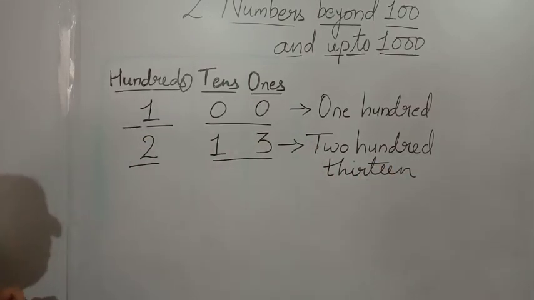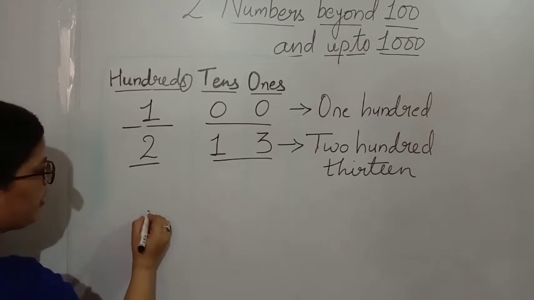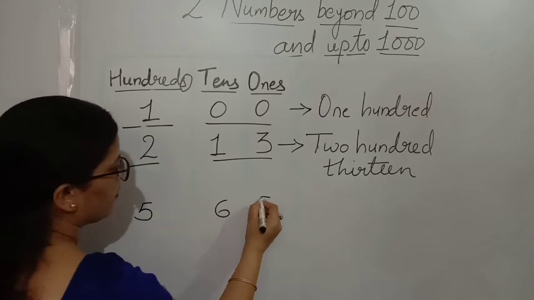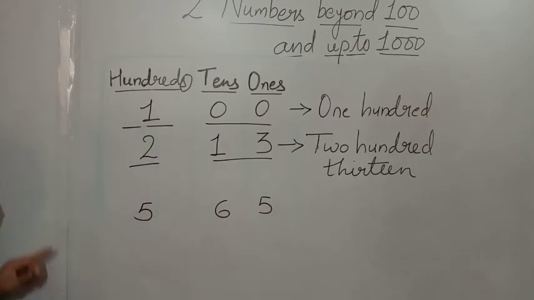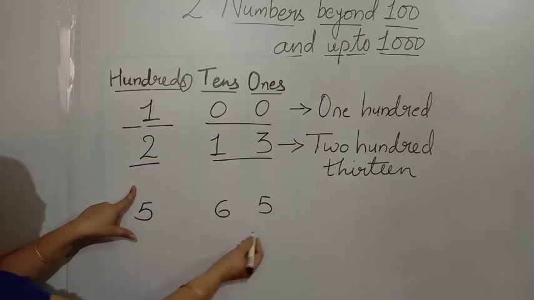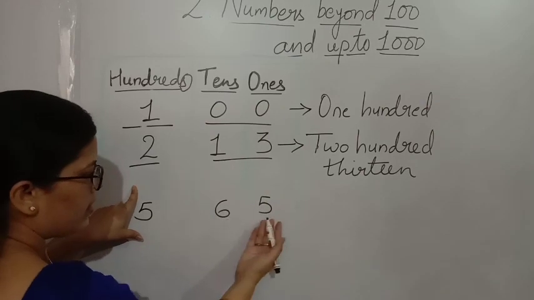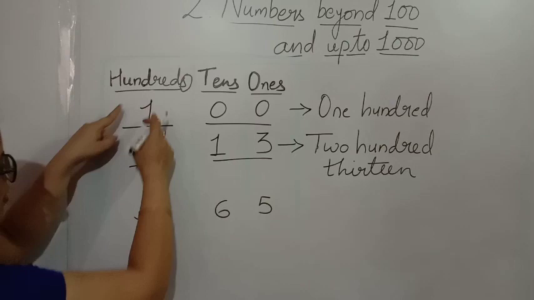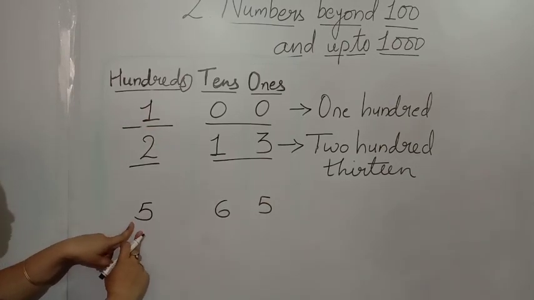Now if the number is 565, 6 and 5 are at tens and ones place, and both these digits together form the number 65. And what is at hundreds place? It is 5.